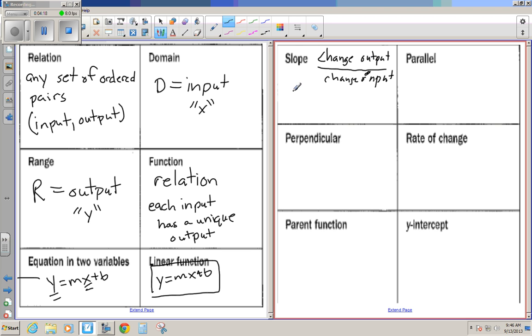All right? You see it like this: change of y over change of x. That means y2 minus y1 over x2 minus x1, which is rise over run. There are a lot of ways to think about slope.